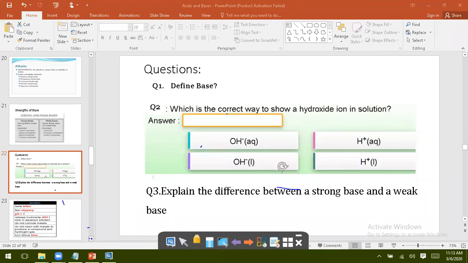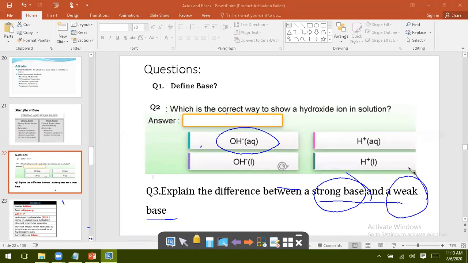The correct way is OH minus, with aq in brackets. Explain the difference between a strong base and a weak base. A strong base is one that fully dissociates, and a weak base is one that partly dissociates to produce hydroxide ion.